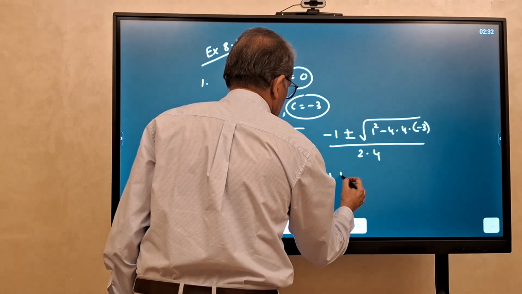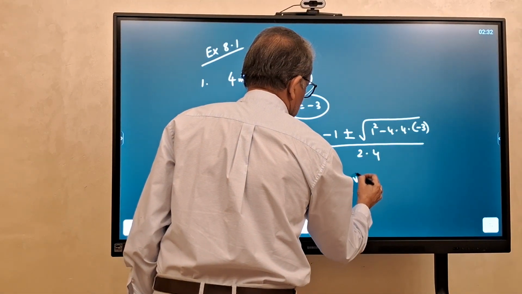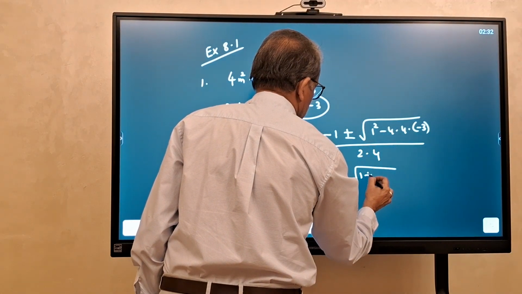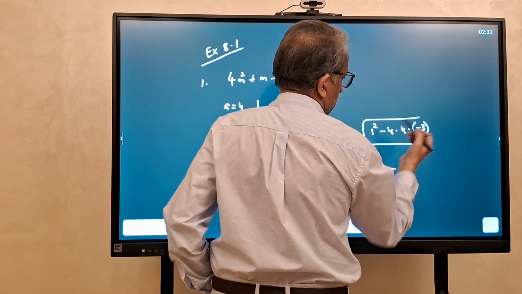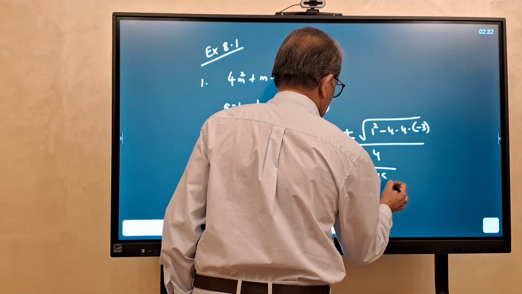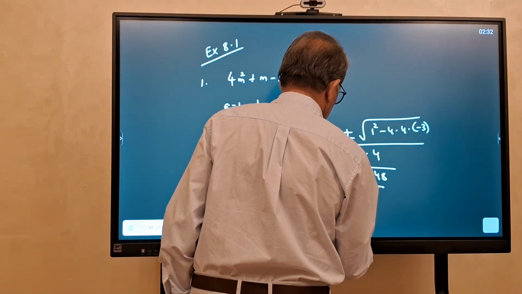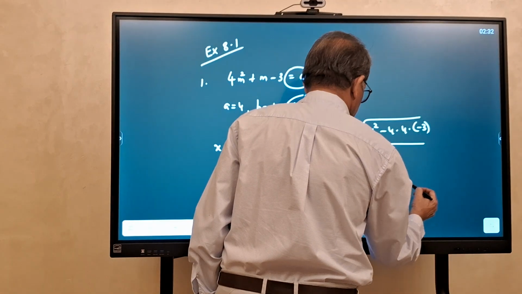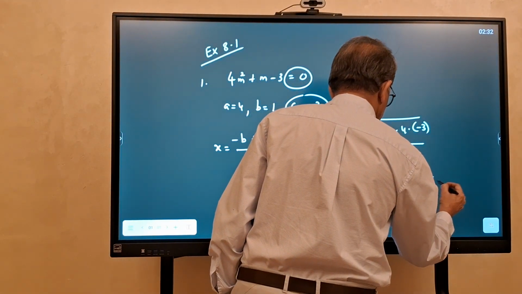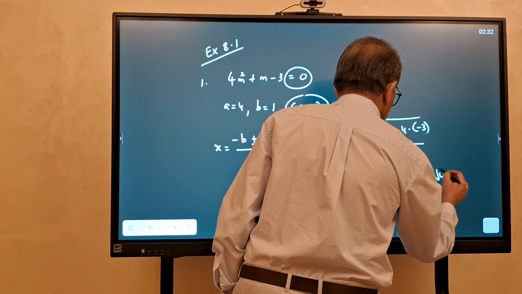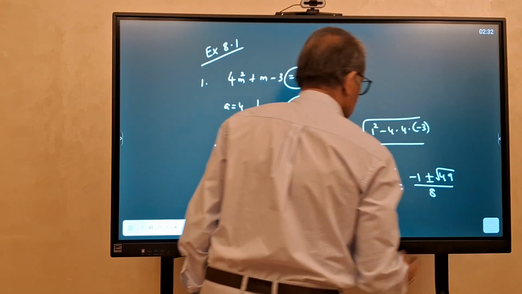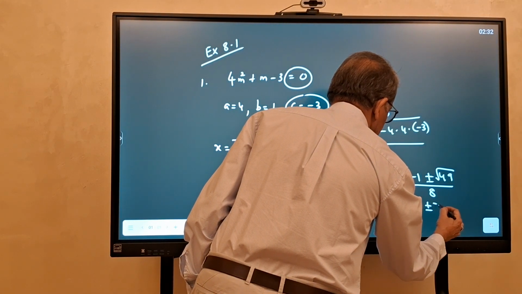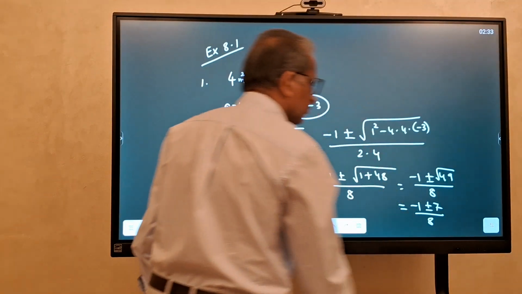So minus 1 plus or minus root of 1 plus 16 into 3, it is 48, divided by 8. 48 plus 1, 49, so it is a perfect square, so minus 1 plus or minus root 49 divided by 8. So that gives me minus 1 plus or minus 7 divided by 8.